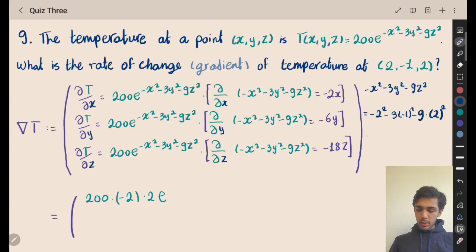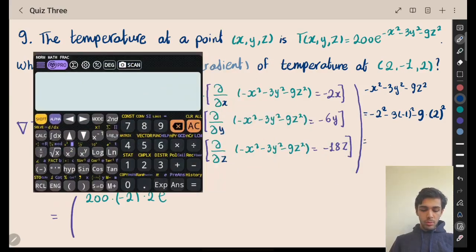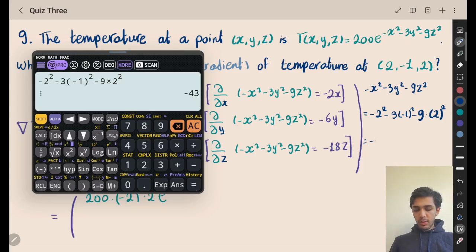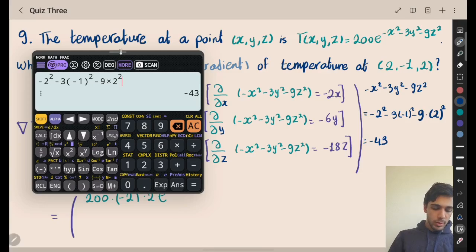This is equal to that. It's equal to the following. Bear with me, please. That's minus 43. Let me check this. Yeah, minus 43.